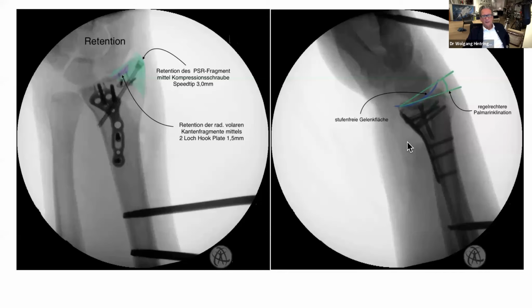And you can see here, he got a really nice articular surface, a centered carpus. That's the most important thing, more than a very good articular surface, that the carpus is centered. The palmar inclination is reduced, and he has a stepless articular surface.